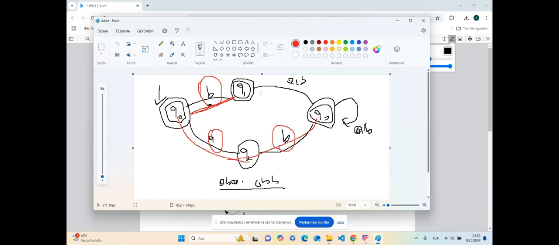This DFA, deterministic finite automaton, accepts empty strings here, and the strings starting with B here, and strings starting with AB here, thus correctly recognizing the given language. Okay, this is our answer to question 1.